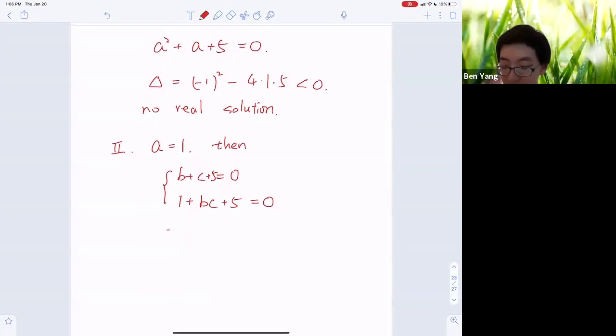Simplifying that a little bit, we have B plus C is equal to minus 5, and BC is equal to minus 6.